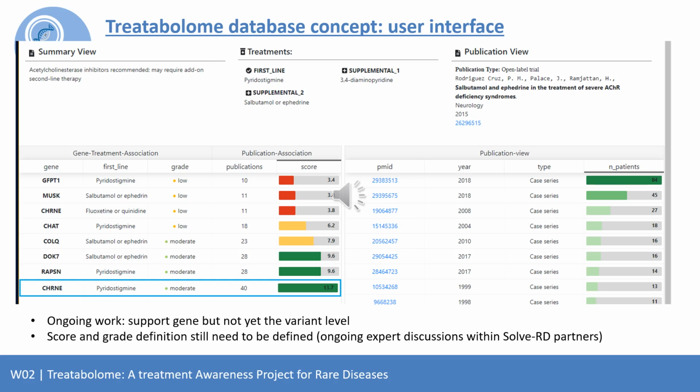In the top bar, you will have a summary with the first line and supplementary treatment for the gene selected and the key publications supporting those results. We are now working on adding variant and specific clinical information on top of all these results.